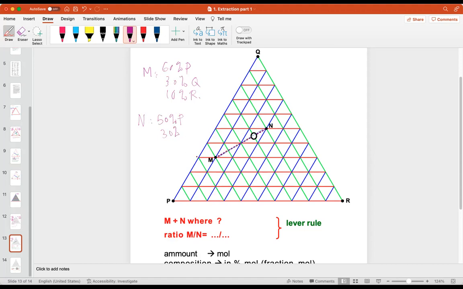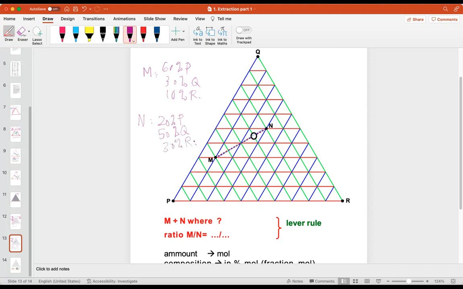Sorry, N is 20% of P. Yeah, I misread. 20% of P. The Q is around 50%, and then the R is the remaining, which should be about 30% of R.